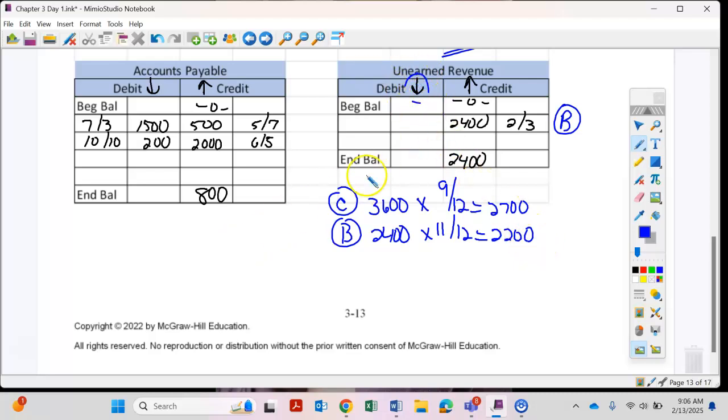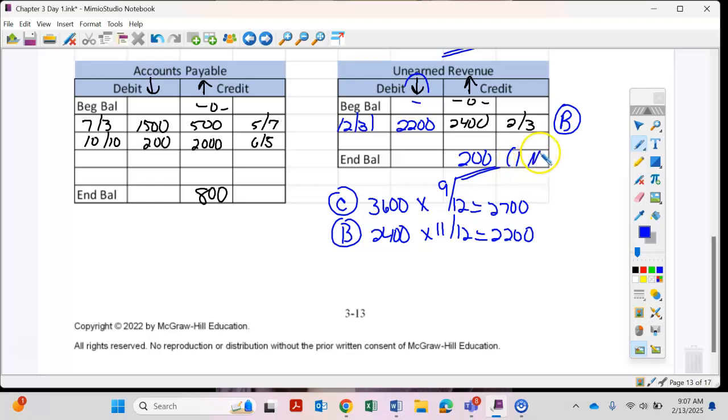So we need to reduce this $2,200. I'm going to make an adjusting journal entry on December 31st, and then that will change the balance from 24 minus 22. Now it's going to have a $200 balance.